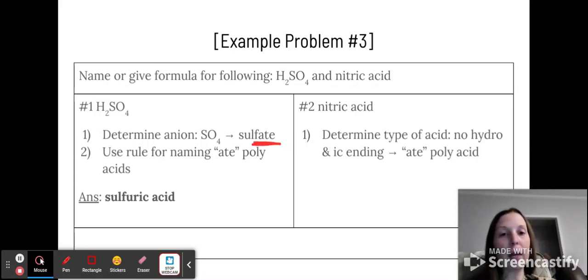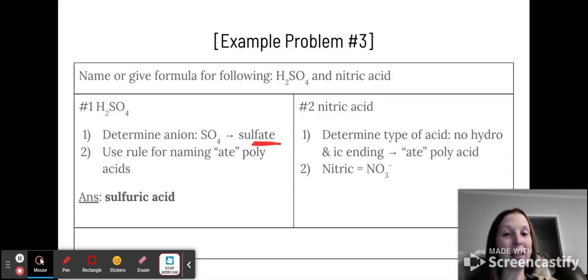We determine the type of acid that we have. There's no hydro out front, which automatically means we're dealing with a polyatomic. And since it has the ic ending, we're dealing with an ate polyatomic. So you're going to go to your reference packet, find the two nit polyatomics that you have.